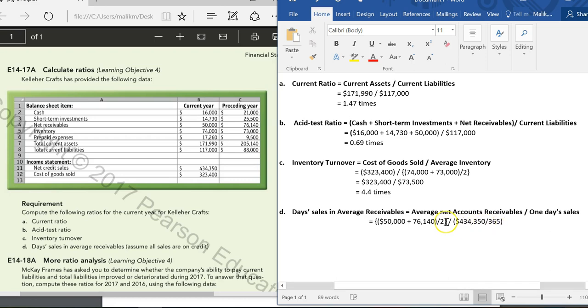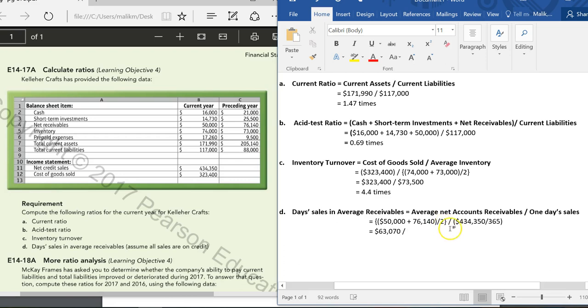So here, the bottom part is 1 day sales, your total sales divided by 365, and the top part is your average receivables. Let's do the numbers first, then we'll calculate the ratio. Let's calculate the top part, your average receivables. Last year's receivables plus current year's receivables divided by 2. 50,000 plus 76,140 divided by 2, I got 63,070.